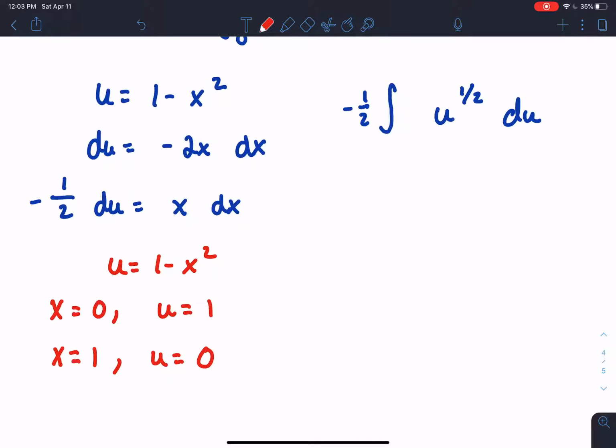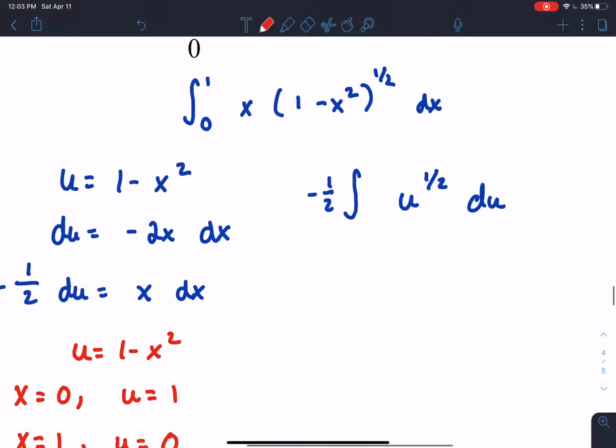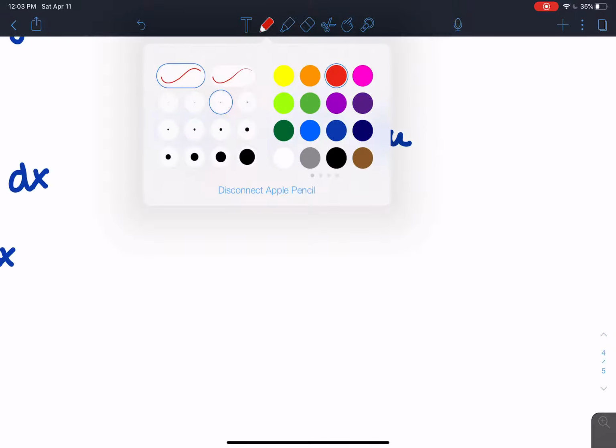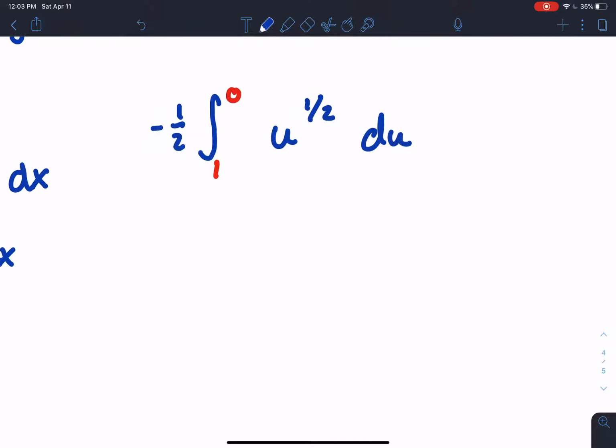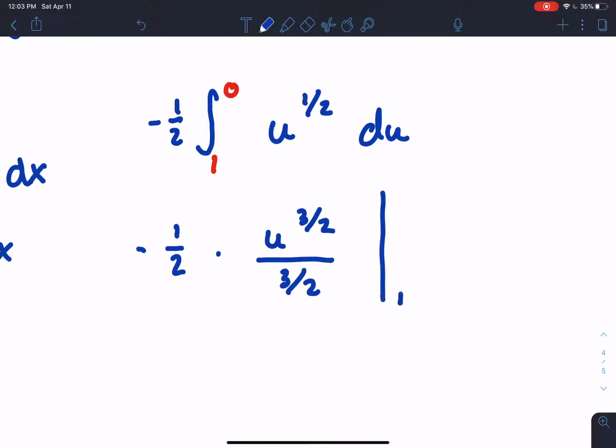So we're simply just flipping them. Instead of going from 0 to 1, we're going to go from 1 to 0. So I got negative 1/2 times u to the 3/2 over 3/2, and we're going to evaluate that from 1 to 0.